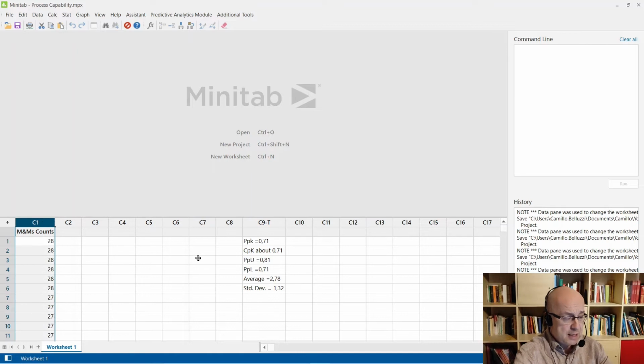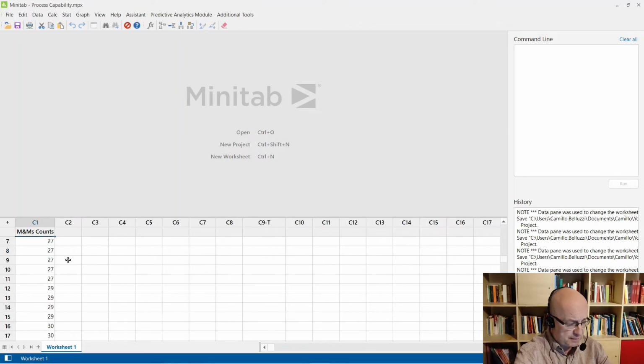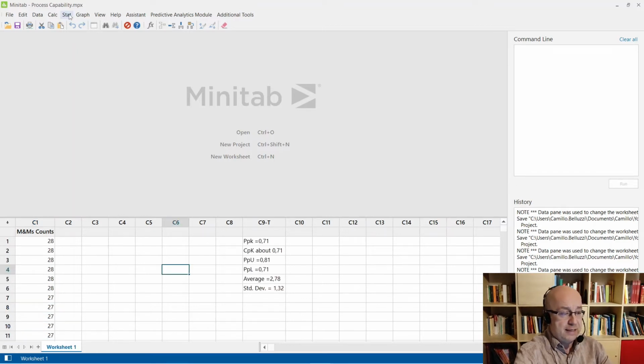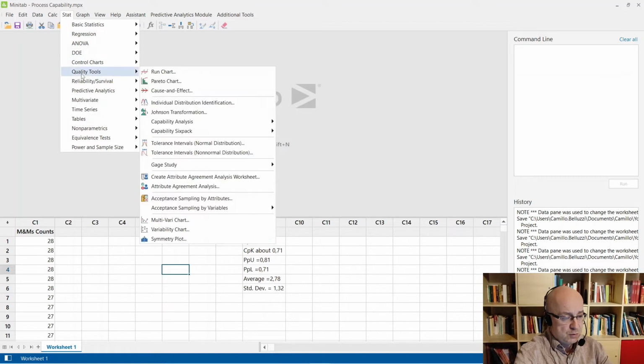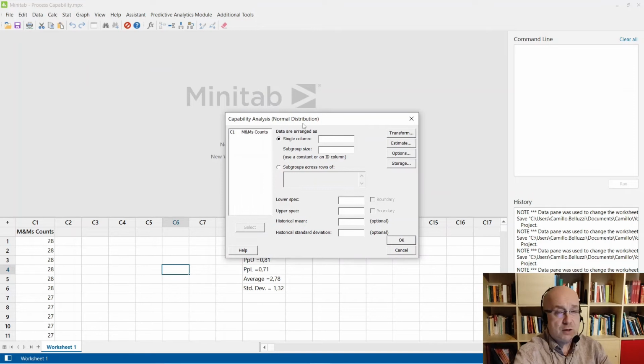You can see here the column with the 20 data, the same data that we have seen in the PowerPoint presentation. Just 20 data, as you can see here, 6 times 28, 5 times 27, 4 times 29, and so on. Okay, let's go then to Stat, Quality Tools, Capability Analysis, Normal. Why normal? Because we have already seen in previous tutorials that exactly these 20 data follow the normal distribution.